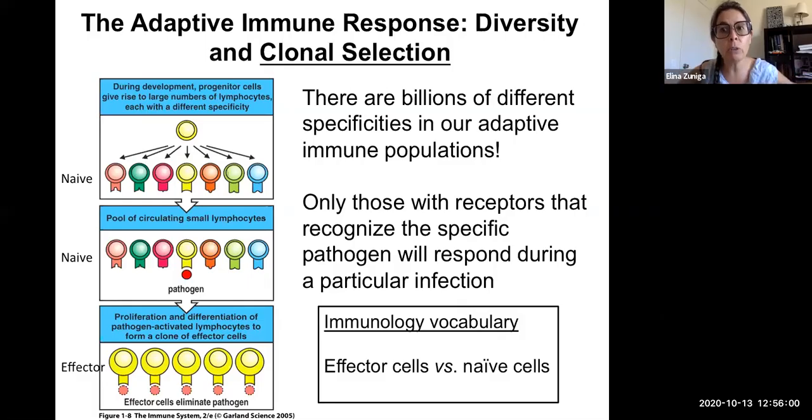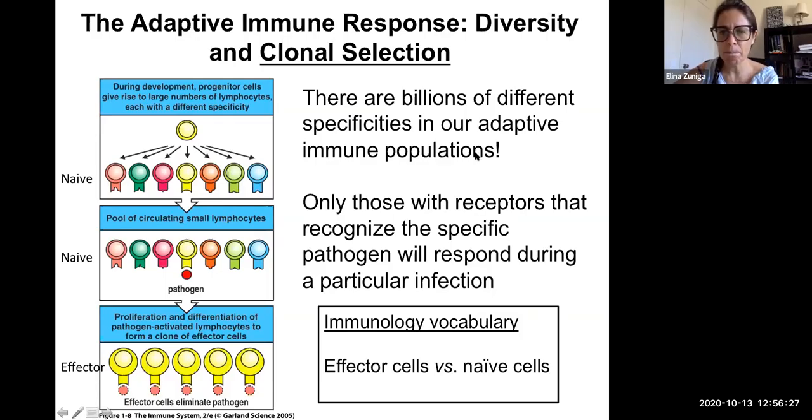But by doing it randomly, you also cover an unlimited number of specificities because you don't know what you may encounter in your life and may need to be protected for. We have a lymphocyte specific for viruses that have not yet jumped into humans. It's an unlimited number of specificities. Thank you.